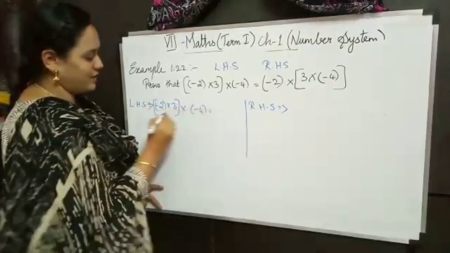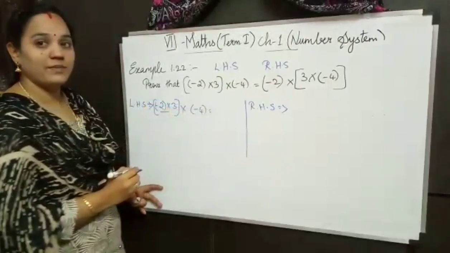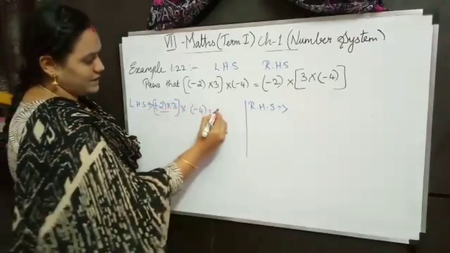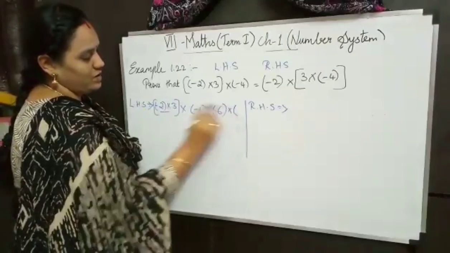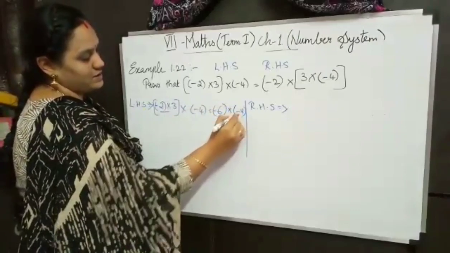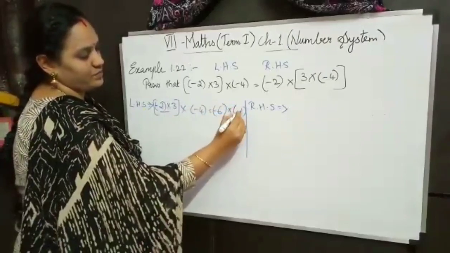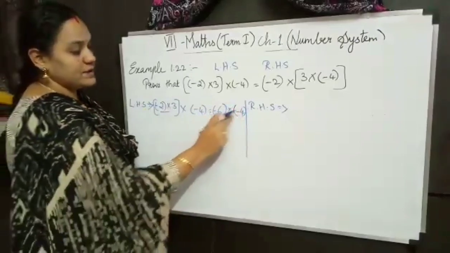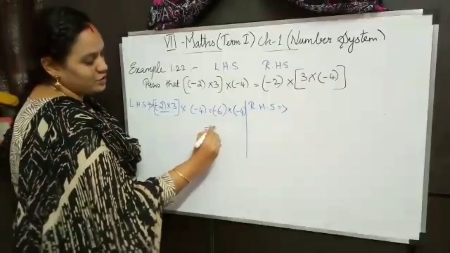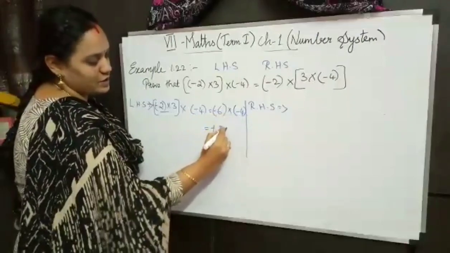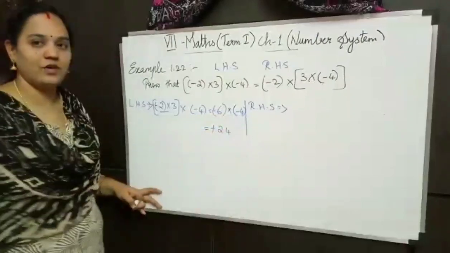So we have to solve the numbers inside the bracket first. So 2 3s are 6. So different sign, minus. Into this minus 4 I am writing as it is. Now 6 and minus 4 both have same sign. So plus 6 4s are 24 is my answer for left hand side.